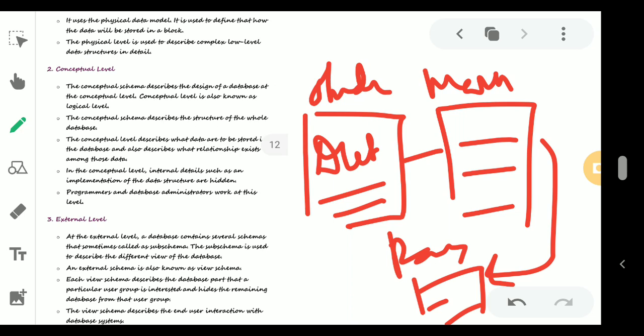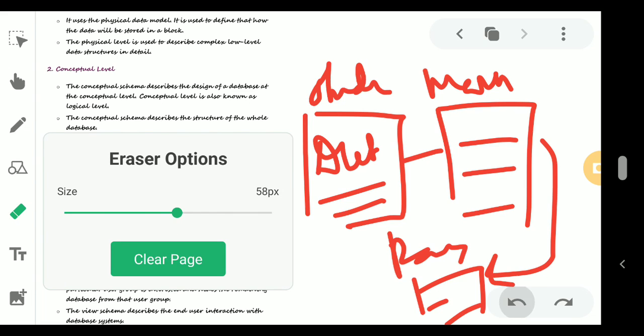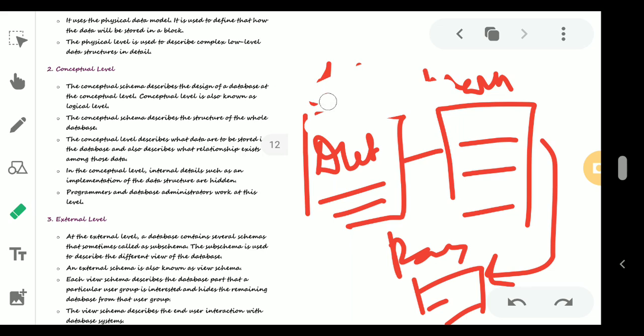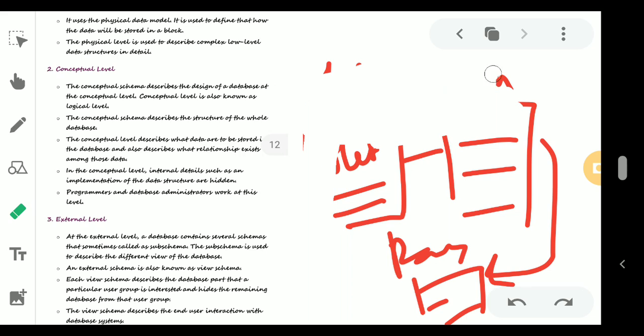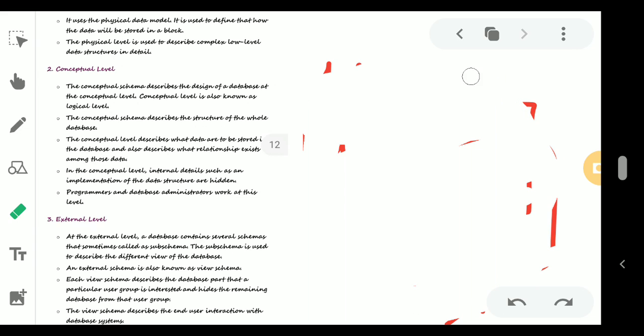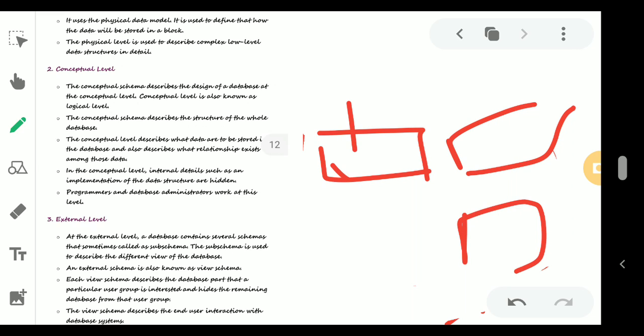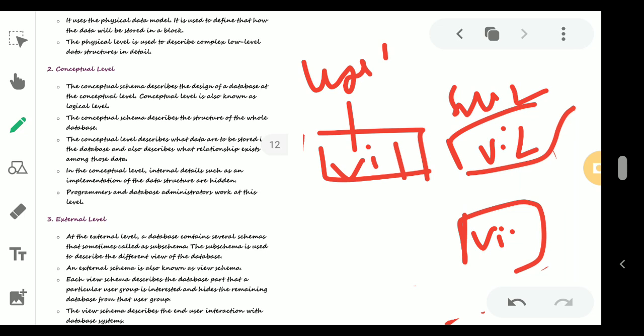Now comes the third one, the external level. The physical layer is a low level of data abstraction, and the external is the high level of data abstraction, because there is a limited view of a table: view 1, view 2, view 3, for user 1, user 2 and user 3.